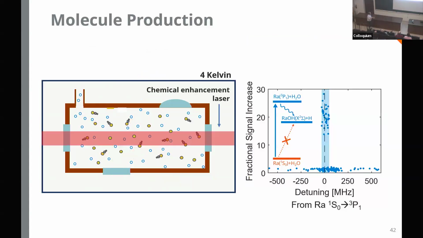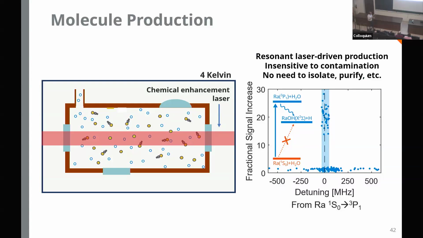After ablating, we do this same trick of driving radium to its excited state to overcome chemical reaction barriers and make resonant increased production of these radium molecules when we're hitting this resonance in the radium atom. For these types of experiments, this is a big advantage because usually these isotope experiments have to be really careful about purifying and isolating and getting rid of contaminants. But we don't have to worry about that at all.